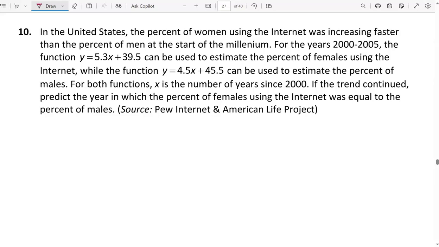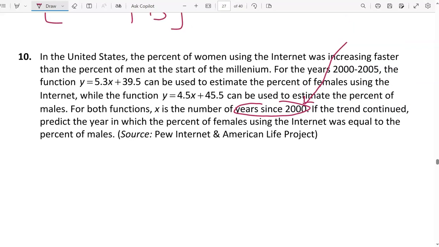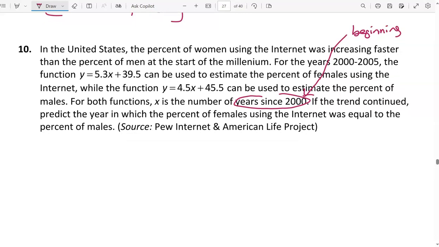For both functions, x is the number of years since the year 2000, and let's clarify that. We need to say that's the number of years since the beginning of the year 2000. So 0 would be right at January 1 in the year 2000.